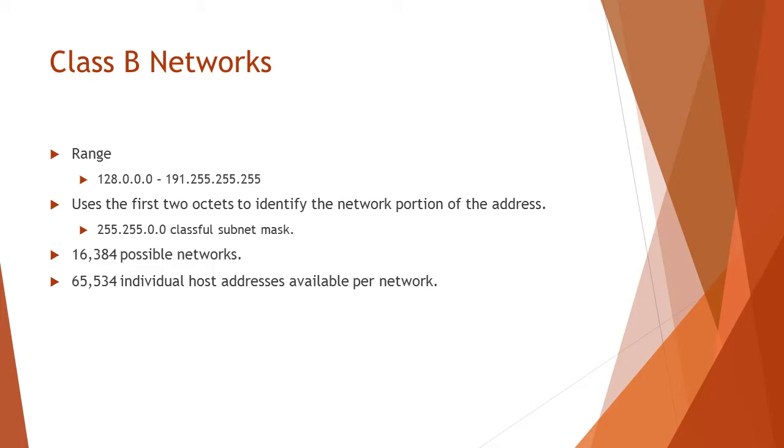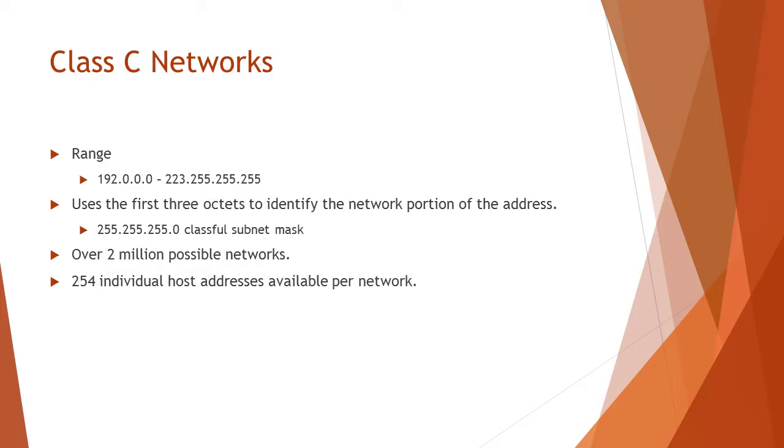Class B networks. The address range for this class goes from 128 to 191. It uses the first 2 octets to identify the network portion of the address and comes with a total of 16,384 possible networks, each one capable of supporting 65,534 individual host addresses.